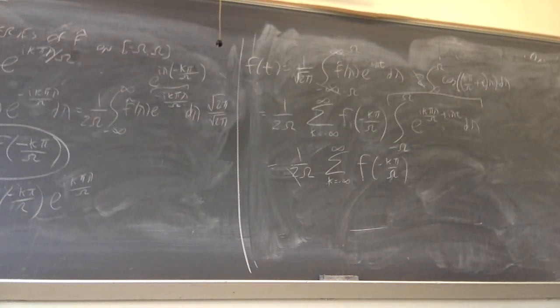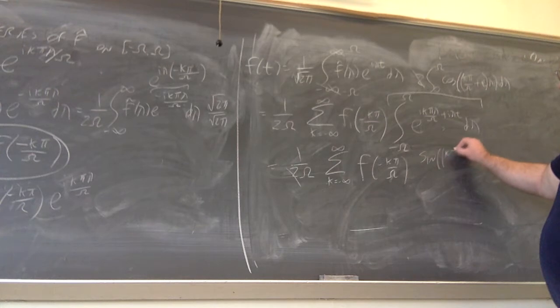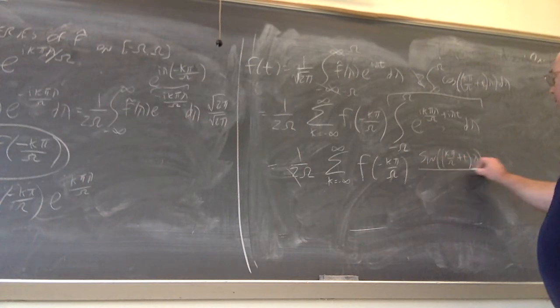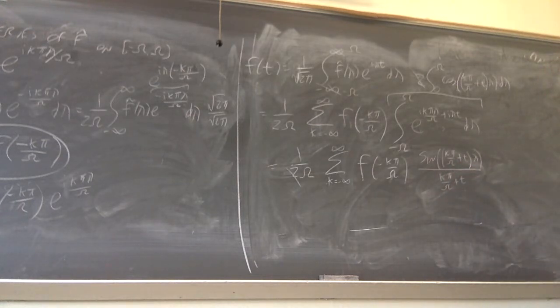And the other thing I'm going to get is sine of k pi over omega plus t, times lambda, over the constant k pi over omega plus t. And what happens is, I'll evaluate at limits 0 and omega.